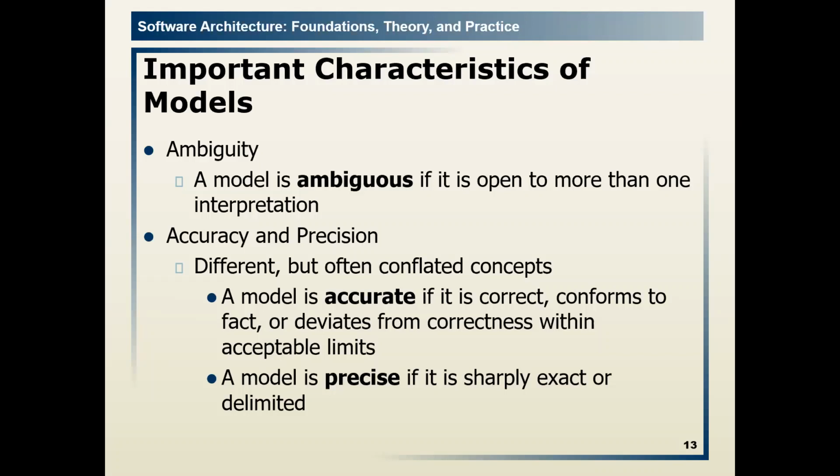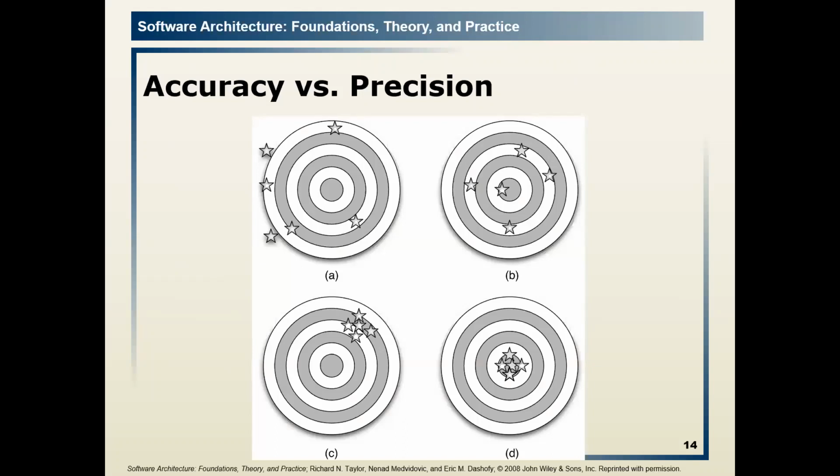Understand? So we look at a graph here. What is A? Now picture A. Do you think it is precise or accurate? All the points are everywhere, right? So it's not either accurate or precise.